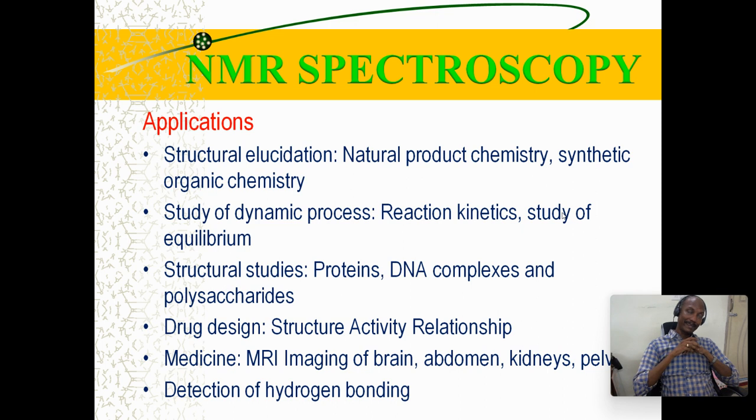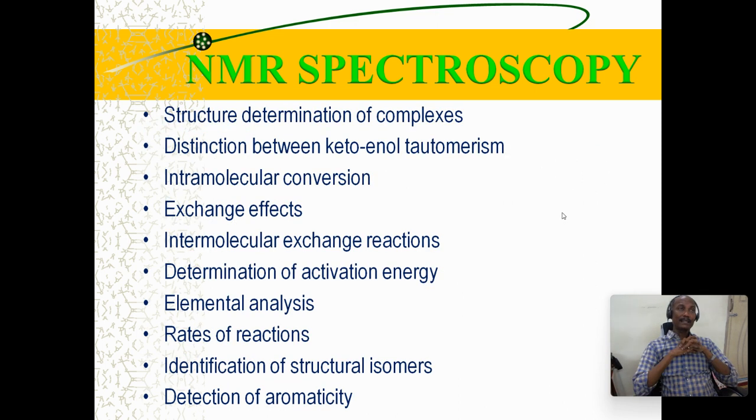Not only the brain, MRI scanning can also be useful for the study of the abdomen, kidneys, pelvis, etc. It is also useful for detection of hydrogen bonding. Another important application is structural determination of complexes; for some complex molecules, the structure can be determined by using this.